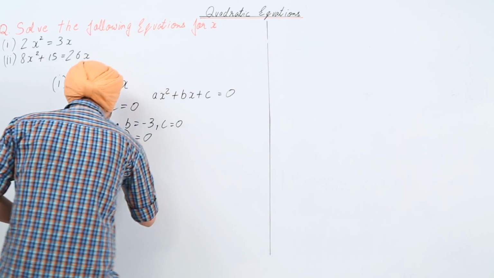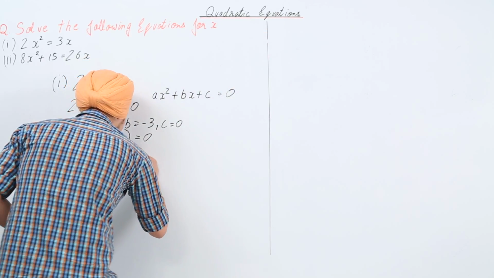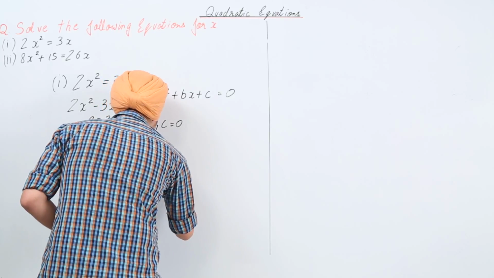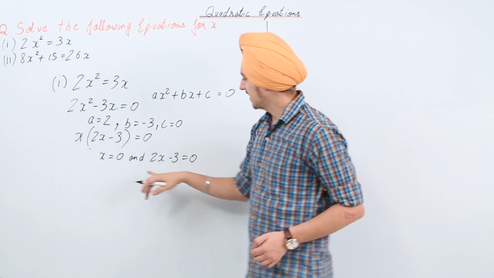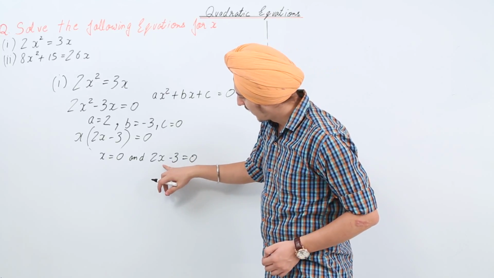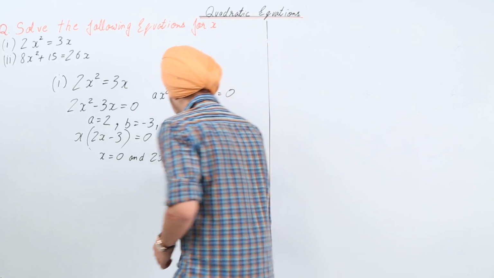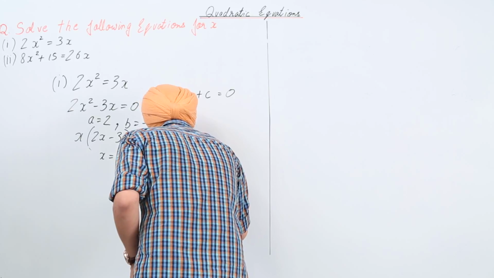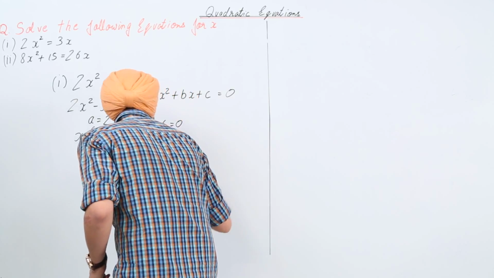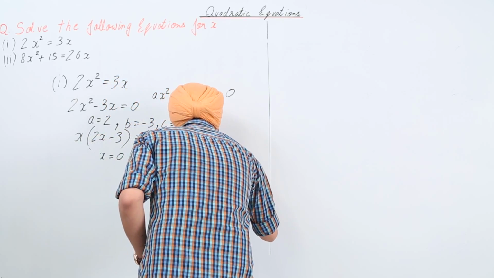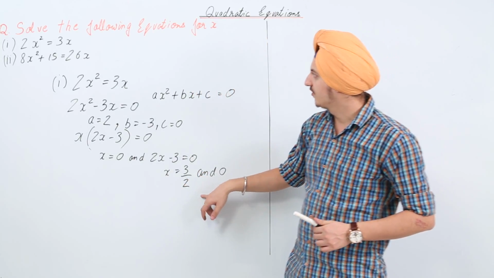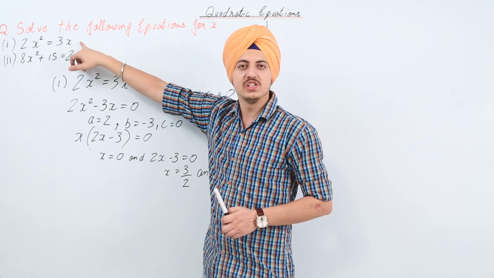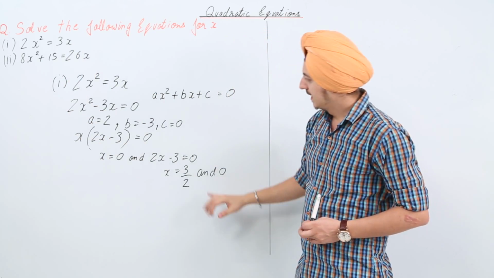So we have x equal to 0 and 2x minus 3 equal to 0. These are the two solutions. We have to calculate the value of x from here. So x becomes 3 by 2 and 0. So these are the two values of x for which this equation is satisfied.